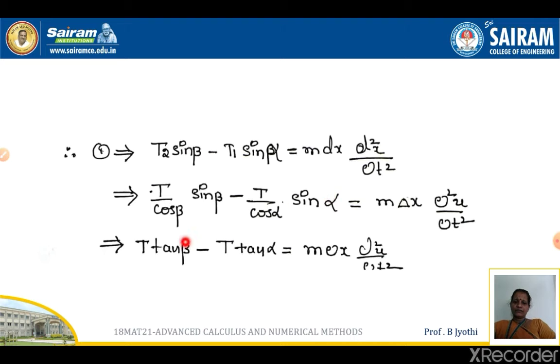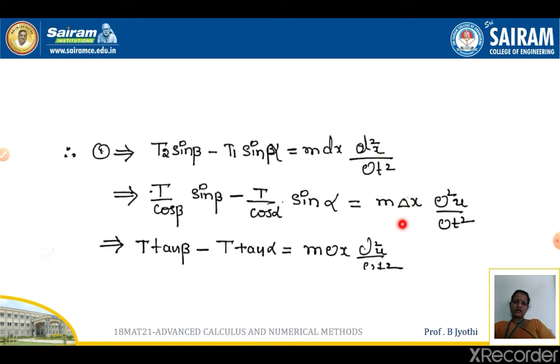And here, T2 sin beta minus T1 sin alpha, and dividing by T, T2 and T1 can be written as T by cos beta and T by cos alpha. That is, T2 is T by cos beta and T1 is T by cos alpha.